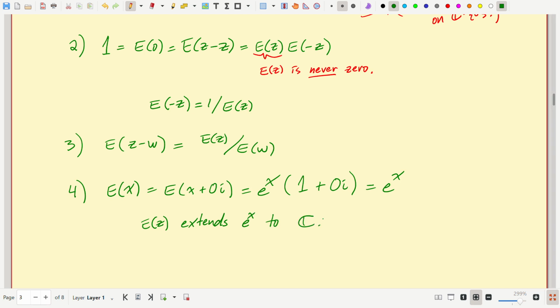And in fact, it's the unique thing that does that in a complex differentiable way. And as long as I'm doing famous formulas, e to the iy is Euler's identity. That's cosine y plus i sine y.